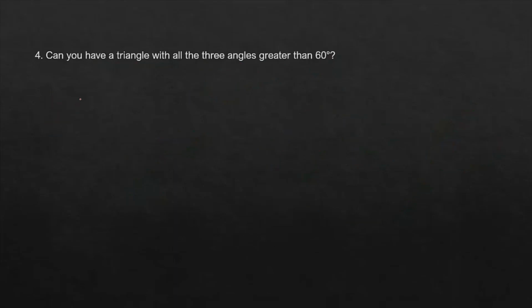Next question. Can you have a triangle with all three angles greater than 60 degrees? For example, we make the first angle 61, the second 61 and the third 61. If we add them, we get 183.